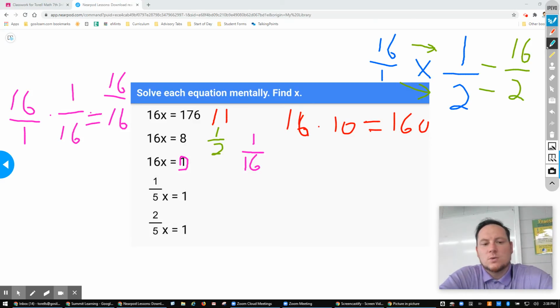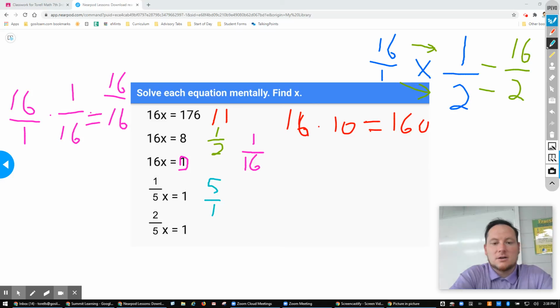So this next question is 1/5 times what equals 1? Hopefully you're seeing the pattern. If you take 1/5 and multiply it by what we call the reciprocal, which is simply flipping it, 5 over 1, it will give you 1.